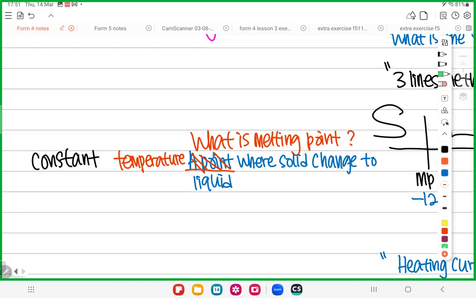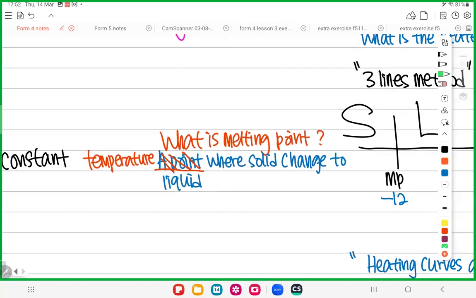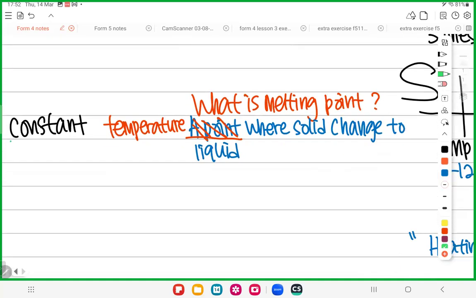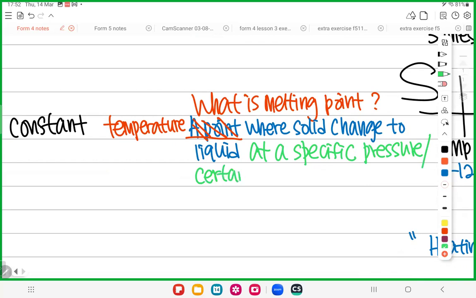It will change. Why? On the moon or on other planets, the pressure is different. Different pressure will change the melting point. So melting point is a constant temperature where solid change to liquid at a specific pressure. You must say specific pressure or a certain pressure.